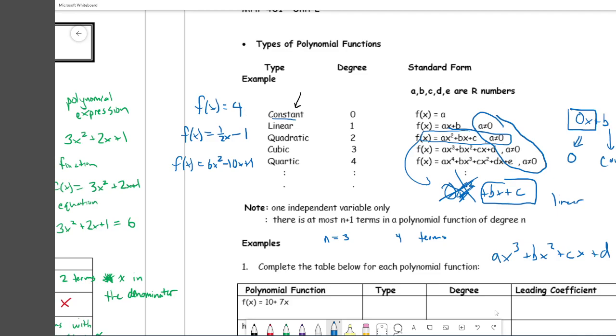And there could never be more than 4, because what would the other term be? Either it would be something that doesn't fit one of those, in which case it's not a polynomial anymore, or it would be something higher than degree 3, which would mean it's not a cubic anymore. So this is what they mean here, where there's n plus 1 terms maximum.